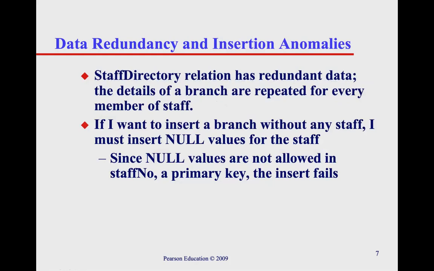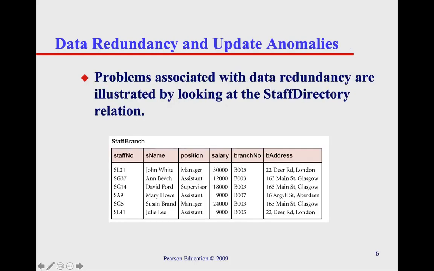Okay, so the first thing you should notice is there's redundant information here. The branch address at 22 Deer Road is repeated twice. The branch address 163 Main Street, Glasgow is repeated 3 times. So there is an issue there.